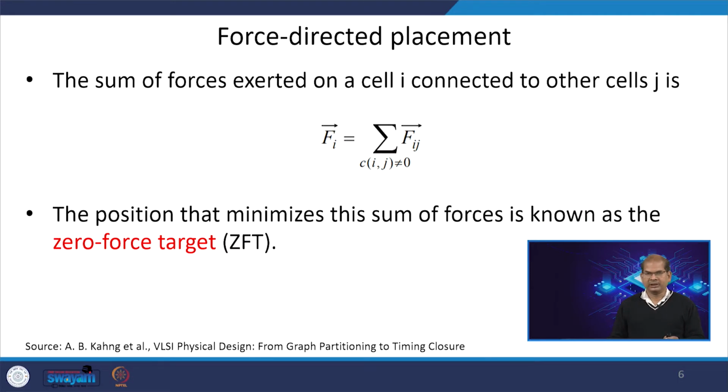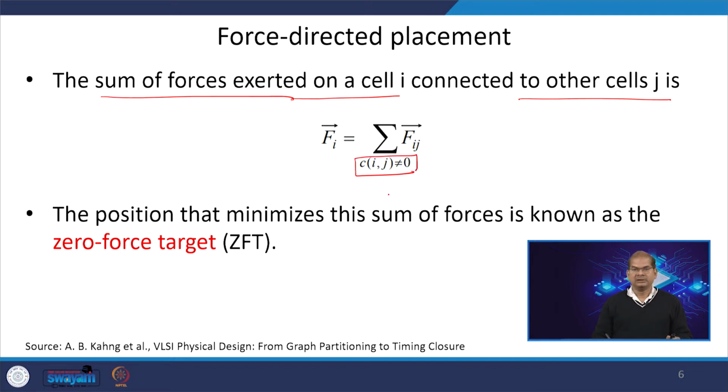What we are doing here is summing all the forces on a particular cell i connected to the other cells j. If C_ij is not equal to 0, that means there is a connection from i to j, then that force will be taken into account. So, we have f of i.